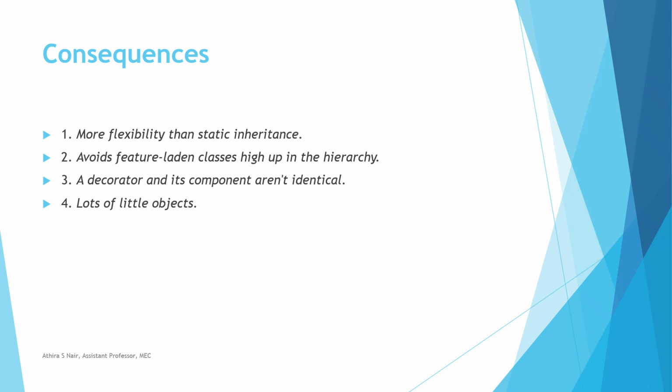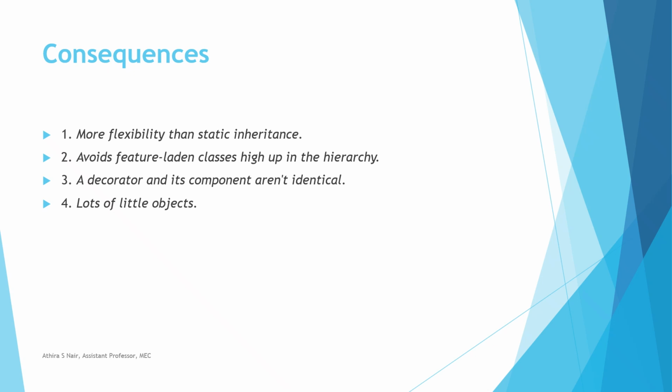Instead of trying to support all features in a complex class, you can define a simple class and add functionality incrementally with decorator objects. And a decorator acts as a transparent enclosure.